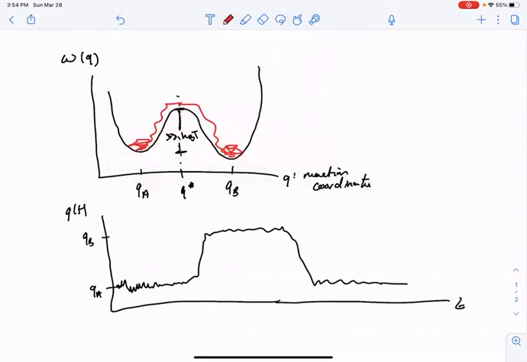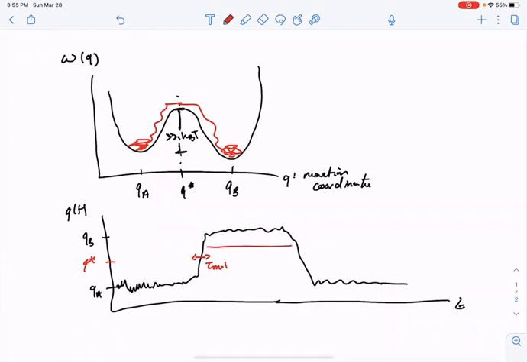So because of this instability at Q star, the fact that being at Q star is unstable, a little bit to the left or a little bit to the right causes the system to fall down into basin A or basin B. That means the time scale that the system spends intermediate between those two stable states is small. Let's call that time scale tau mol. It's a molecular time scale, some fundamental unit of time.